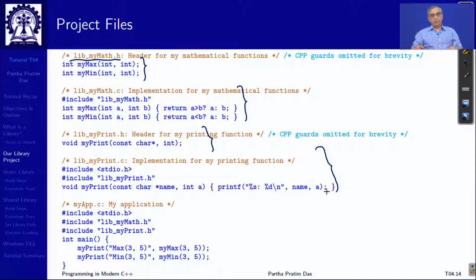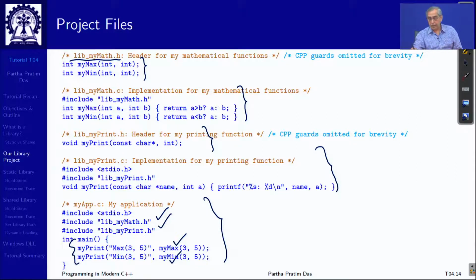Right. So, two math functions, one printing function, two headers with corresponding .c files, and using that I write my application where I include both the headers. I use the mymax function from libmath.c as implemented to compute the maximum. This is to compute the minimum, and I use the myprint function in the libmyprint.c file to print the values.